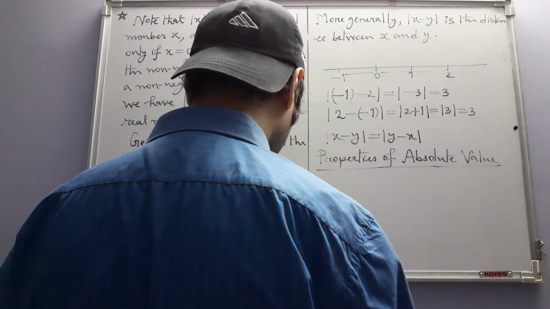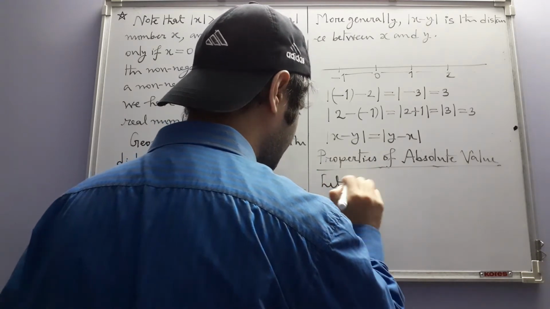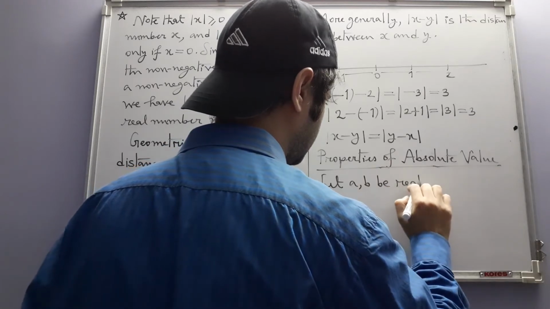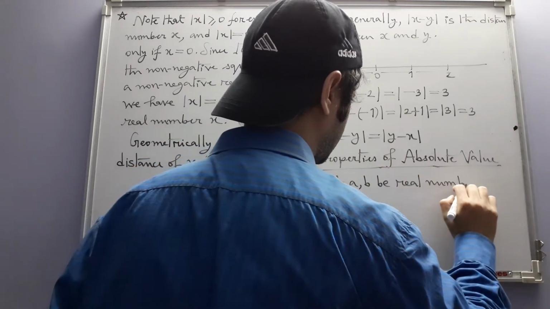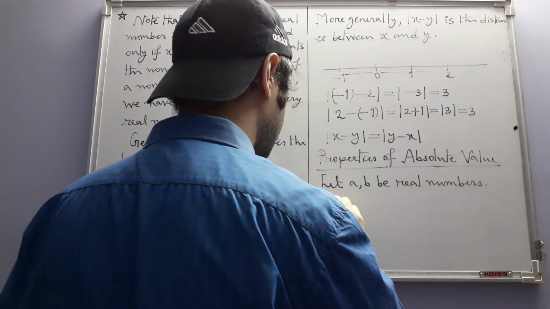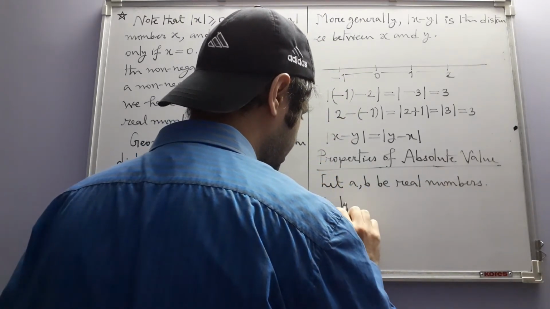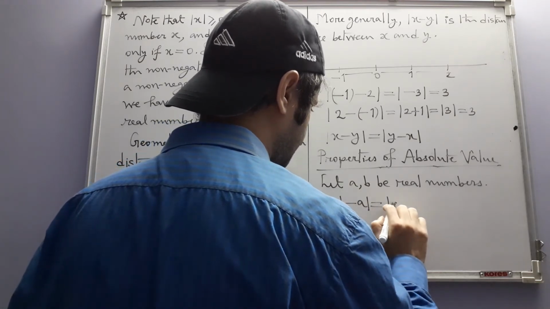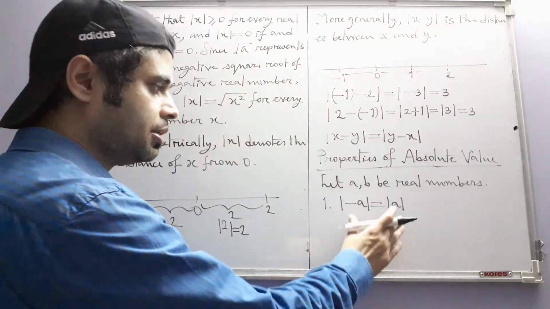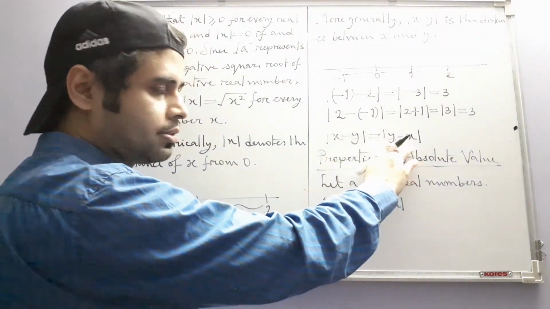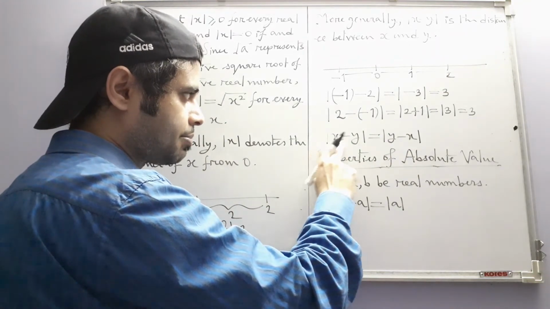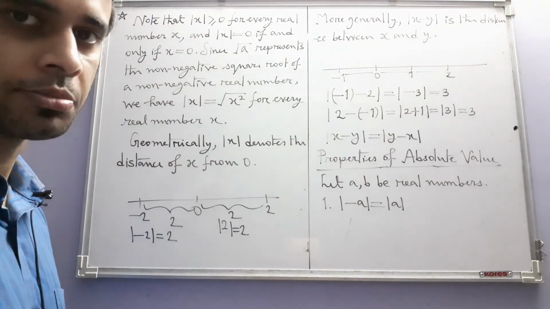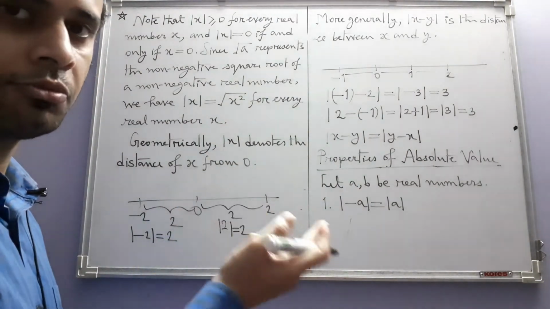In fact, we can start by writing, let A and B be real numbers. The first property tells us that the absolute value of minus a is the same as the absolute value of a, and from this one we easily get this, because absolute value of x minus y is equal to the absolute value of minus of x minus y, which is absolute value of y minus x.